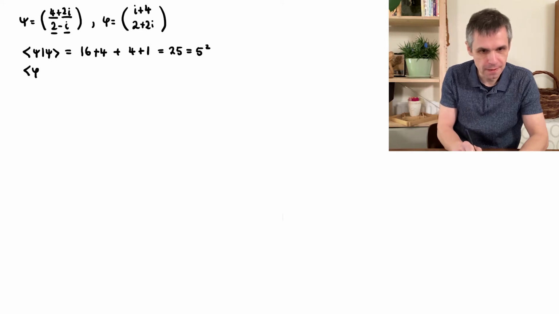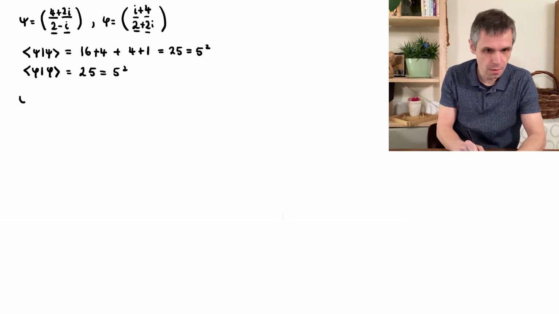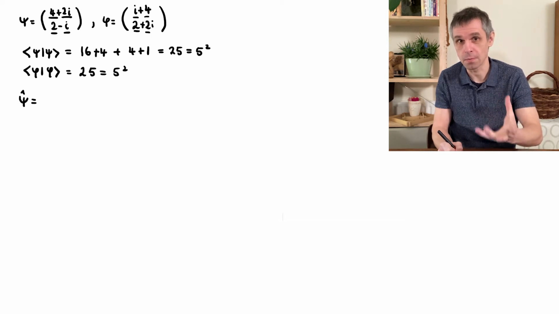And for phi, we have just again a 4, 2 2's, and a 1. So that will also come out as 25, or 5 squared. So we can again introduce normalized vectors, but just dividing by the length. And there we actually have a choice. We just need to divide by numbers which have the correct absolute value.